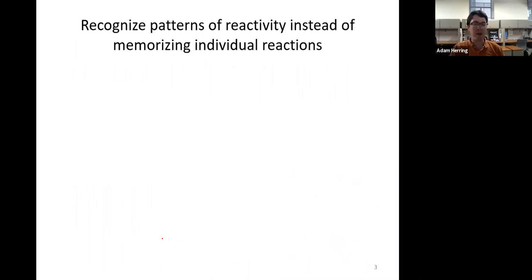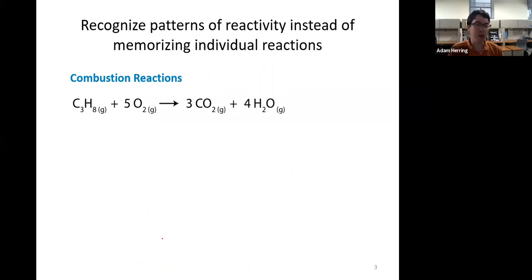Let's now talk about different patterns of reactivity that account for the different types of chemical reactions that we'll be seeing. We've already looked at combustion reactions. Within a combustion reaction, we are generally taking a hydrocarbon, and what we're doing with it is we're combining it with oxygen.